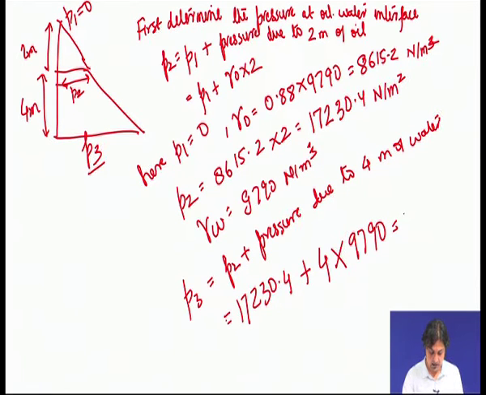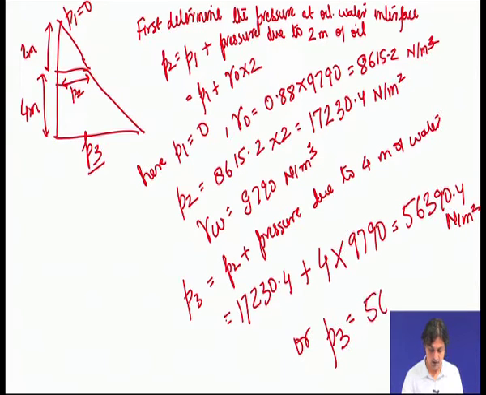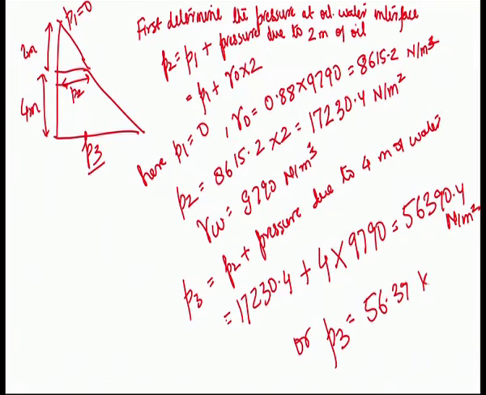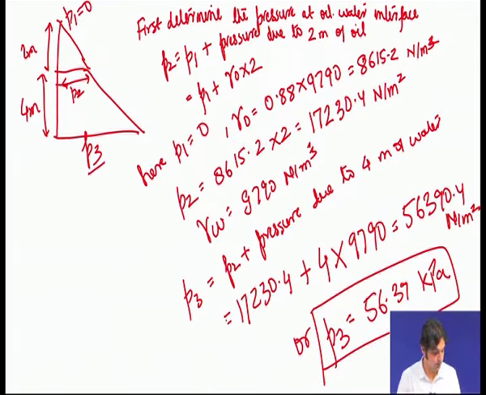That gives us 56390.4 Newton per meter square, or P3 can be written as 56.39 kilopascal. Okay, so this was what the question had asked, to calculate P2 and P3.